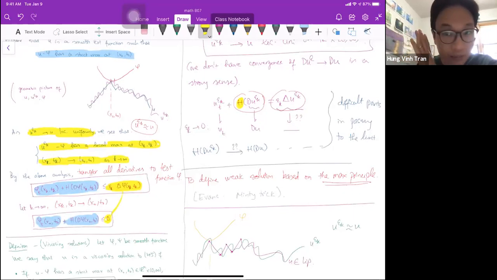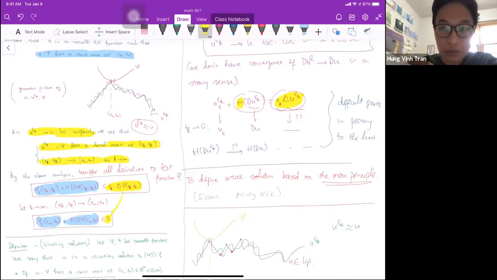That's amazing, because when I pass to the test function, I know the convergence. But if I look at the right-hand side with epsilon k times the Laplacian of u epsilon k, I don't know anything about what happens as k goes to infinity.